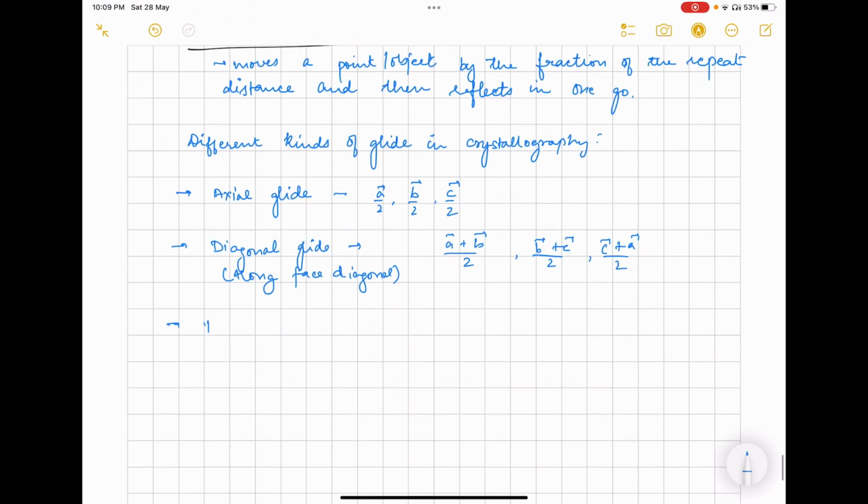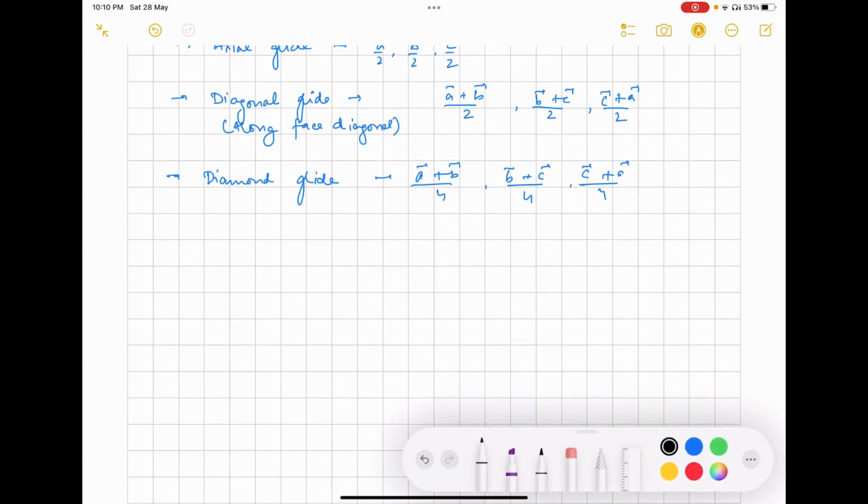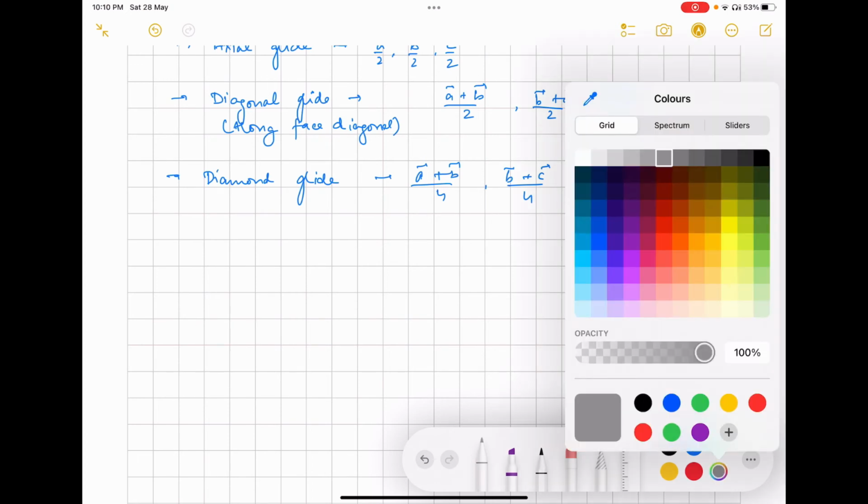And the last is diamond glide. So this is basically a fraction of these diagonal glides: A vector plus B vector by 4, B vector plus C vector by 4, and C vector plus A vector by 4. So now if I represent them on a cubic unit cell, so let me draw it with a lighter color.